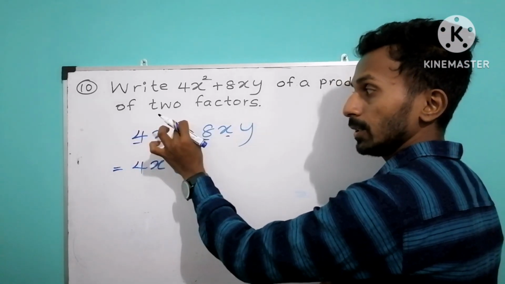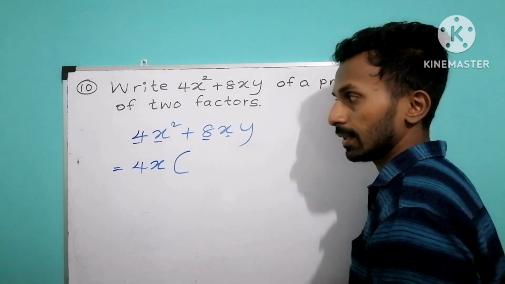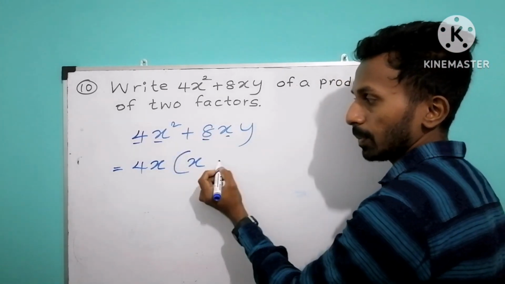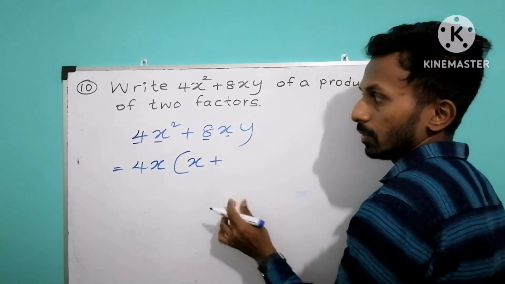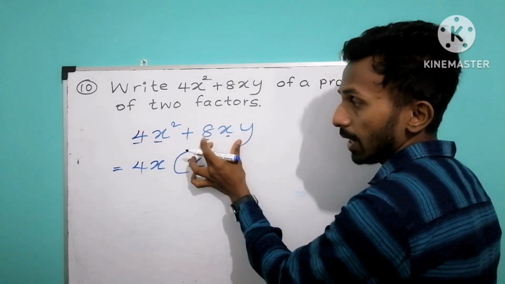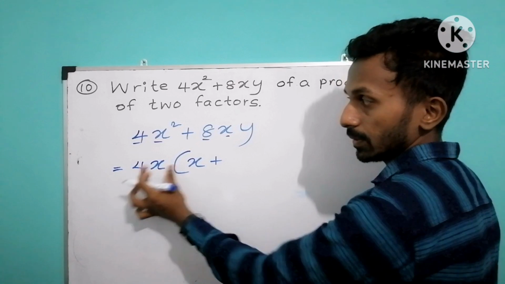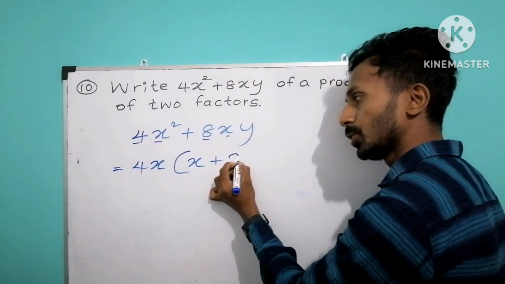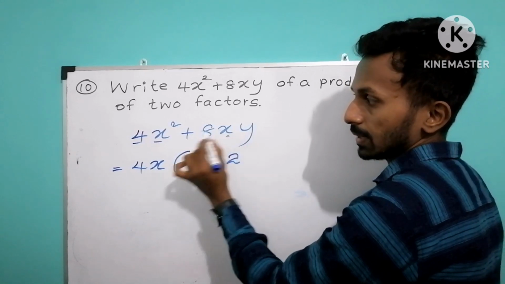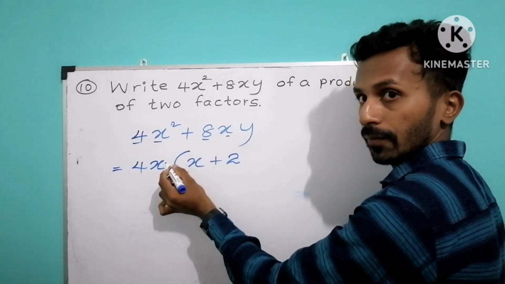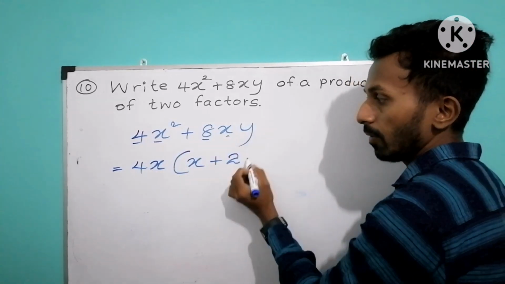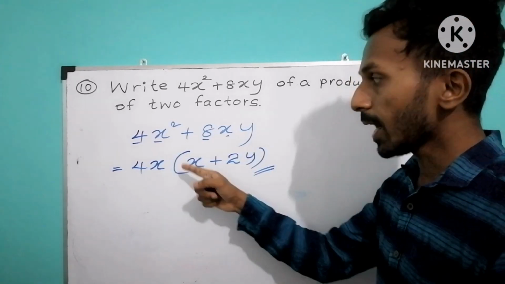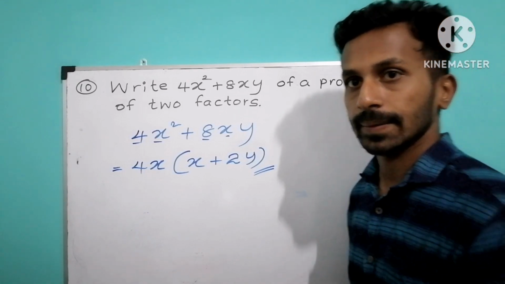X to the power 2 divided by x, then x remains. Then sign is plus. It is not changed because the plus value divided by plus value, the answer is plus. Then 8 divided by 4, 2. x cut x to x when we divide it. Then y remaining. This is your answer: 4x times x plus 2y.